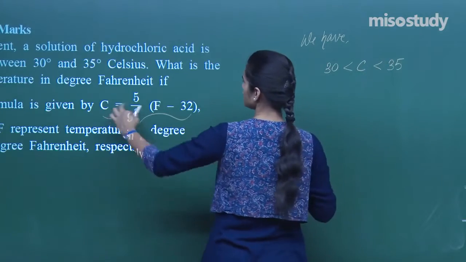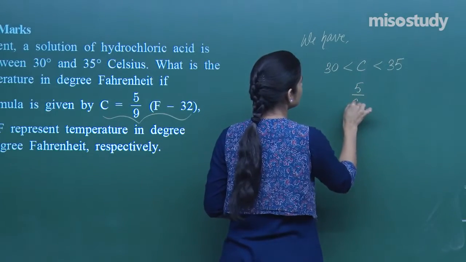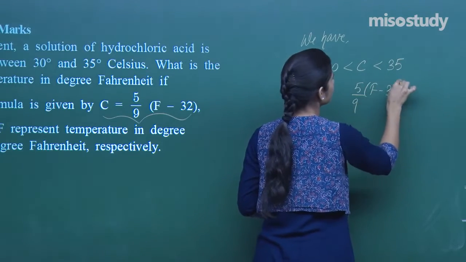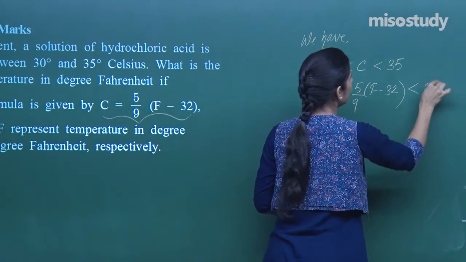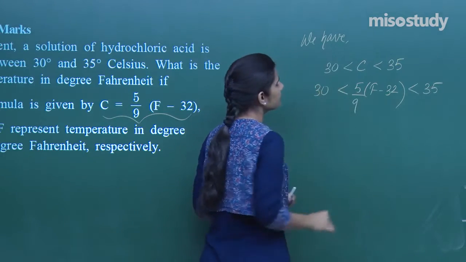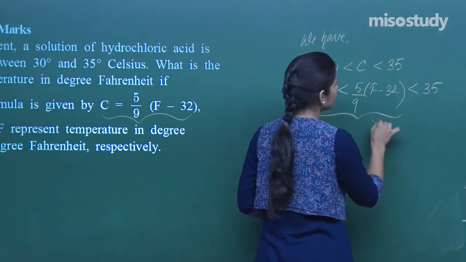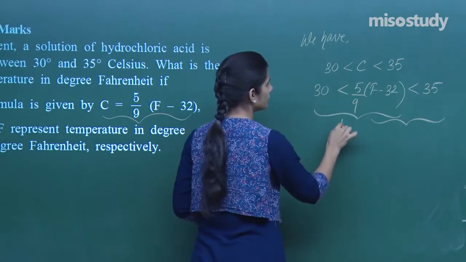But Celsius is given to me as 5 by 9. C can be replaced by 5 by 9 into F minus 32. So that means this is lying between 30 and 35. C is equal to this only. Now you can consider this as 1 and consider this as 2.